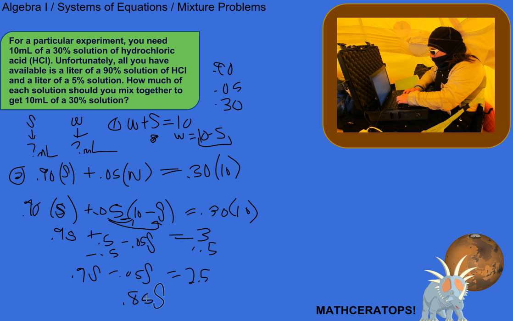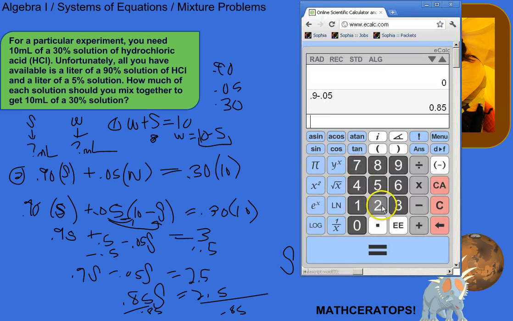Okay, 0.85 times S is equal to 2.5. Now we can divide both sides by 0.85. So for the strong solution, 2.5 divided by 0.85 is equal to roughly 2.94.